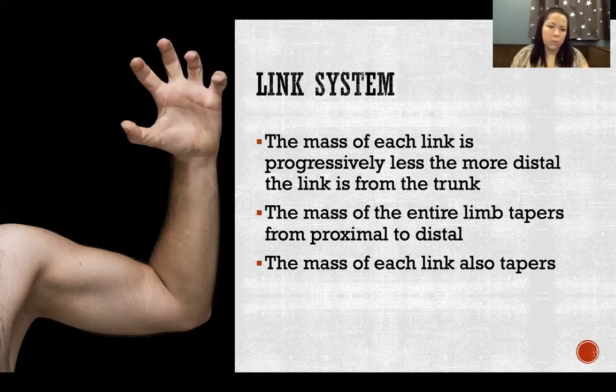Just looking at this picture, we're tapering from a larger shoulder down to a smaller elbow. And then at the elbow end of the forearm, it's larger and it tapers smaller as we get closer to the wrist. So each link tapers. And what that does is it forces the center of mass more proximally of both the whole limb and of each individual segment.